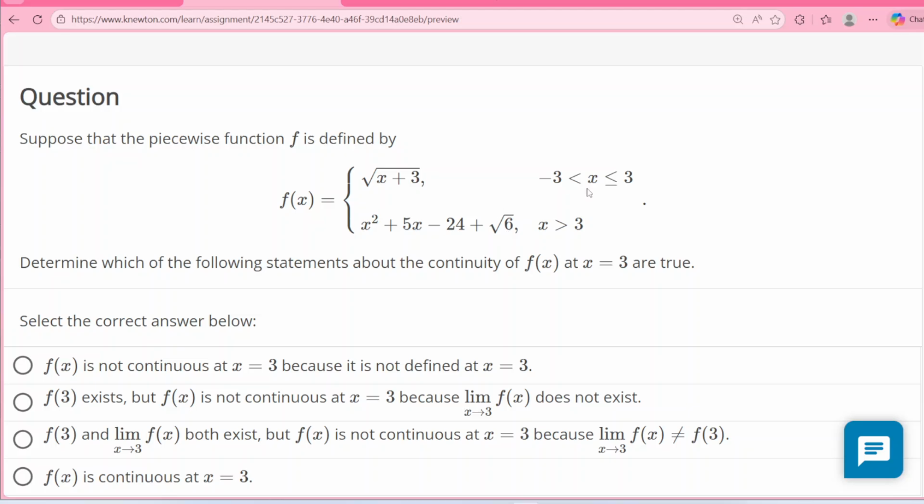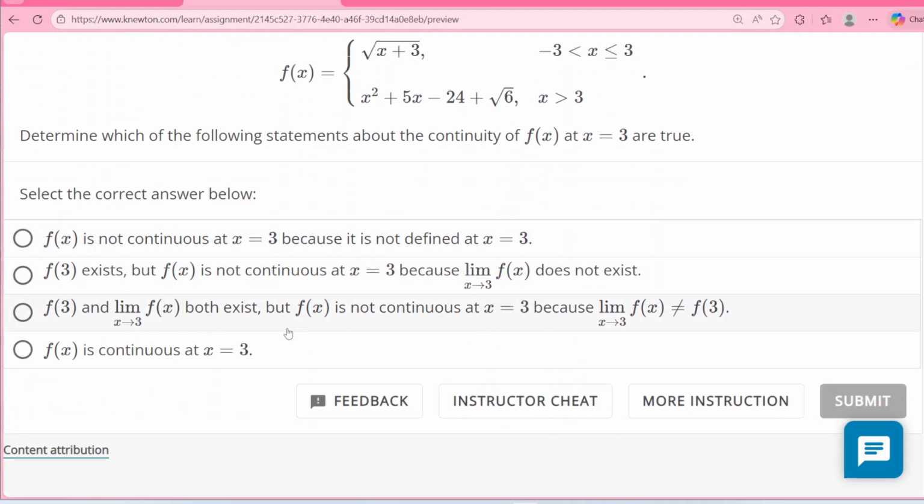So the value at 3 is square root of 6. The left side limit is the square root of 6. The right side limit is the square root of 6. Since all those are the same, the graph would be connected at the point 3 comma square root of 6. So f is continuous at 3.